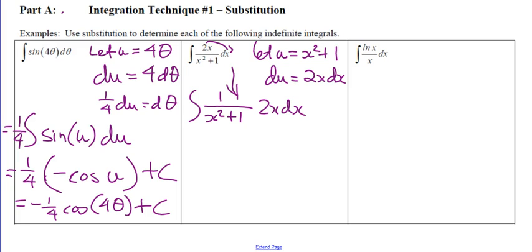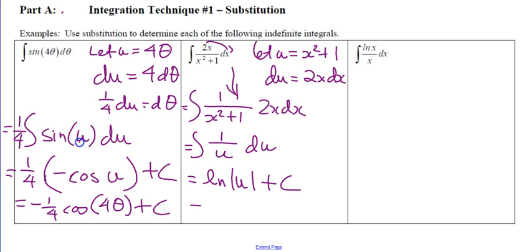So now we have the integral of 1 over u du, and we know that one, right? It's just the ln of the absolute value of u. So it equals ln of the absolute value of u plus c, and now u is x squared plus 1, so it's the ln of the absolute value of x squared plus 1, plus c.